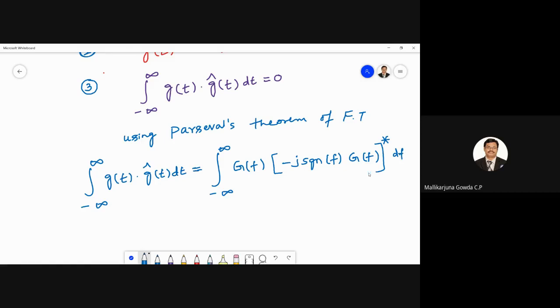This can be expanded further by splitting the limits, one from minus infinity to 0 and the other from 0 to infinity.